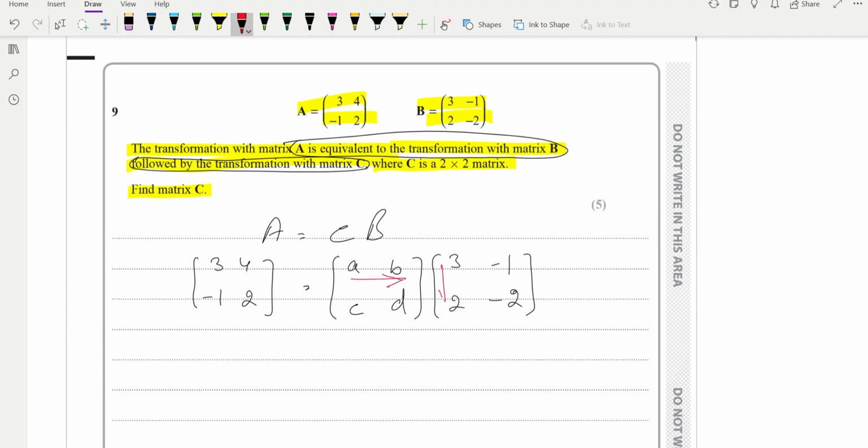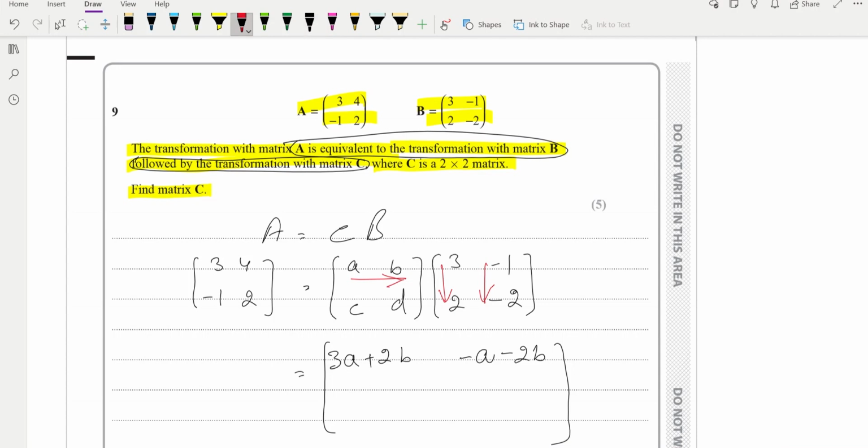So first row, first column, and this will give us 3a and minus 2b, basically plus 2b, 3a plus 2b, and the second term will be first row and second column, and this will be a into minus 1 will be minus a, and b into minus 2 will be minus 2b, and this will be the second term.